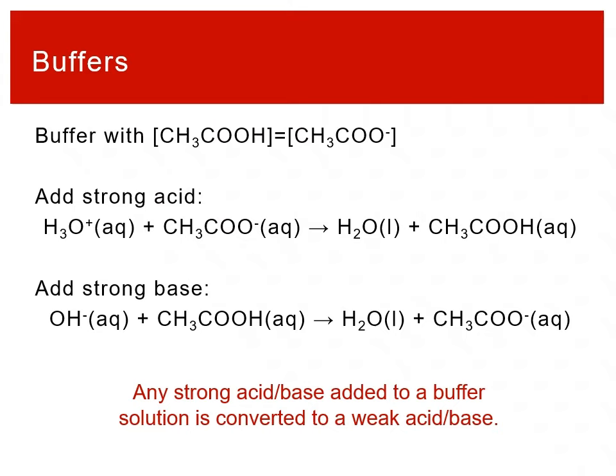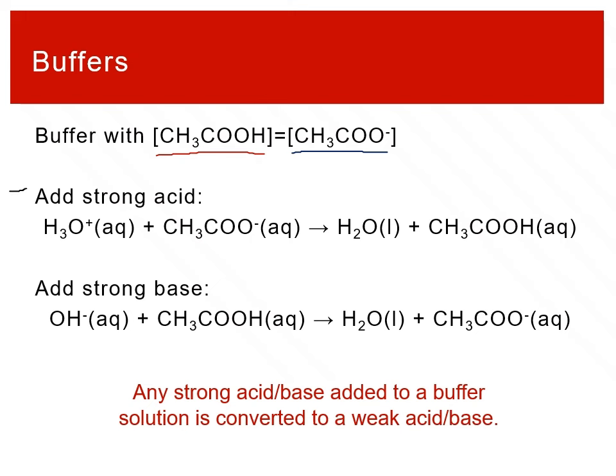So, how do buffers work? If you make a buffer, you would have equal or near equal amounts of a weak acid, for example acetic acid, and its conjugate base, for example acetate. And so the whole idea is you have near equal amounts of this conjugate pair, and when you go to change the pH of this buffer solution, there's basically two ways.